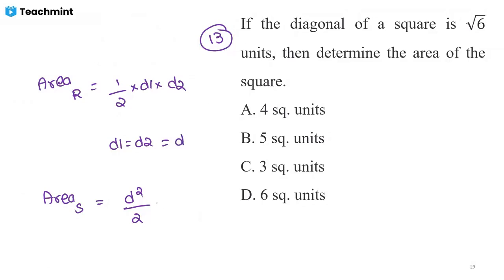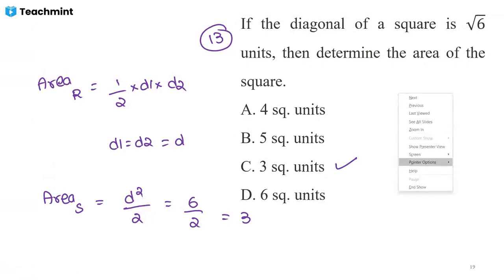You already know the diagonal is root 6. So root 6 squared means 6 divided by 2, we'll get 3. Area of square when diagonal is given is nothing but d square divided by 2, where d is the diagonal. So we got 3 as the answer.